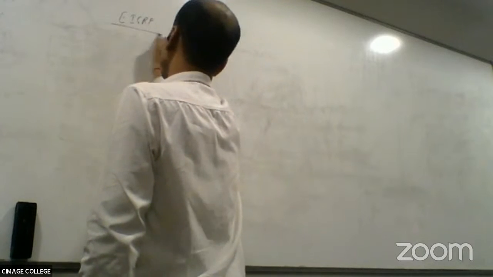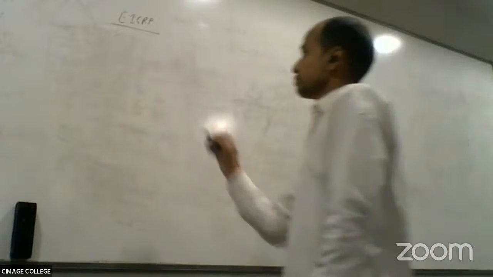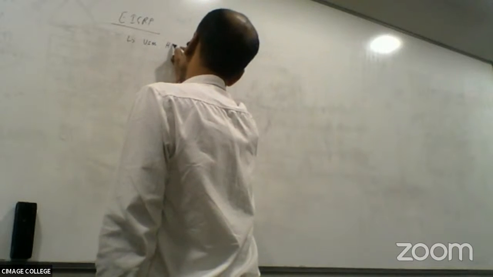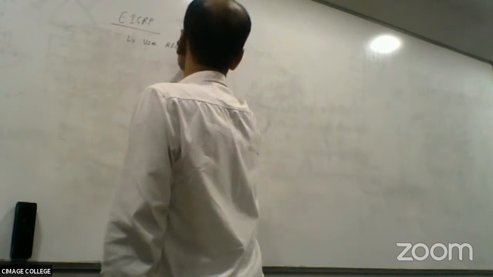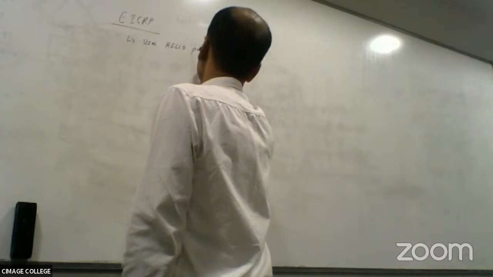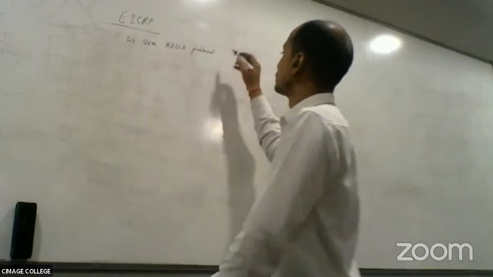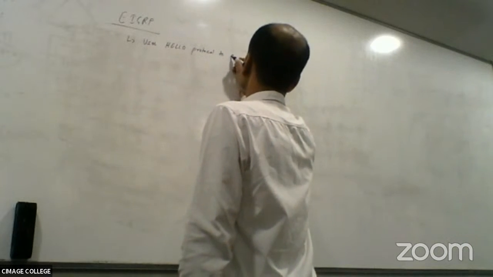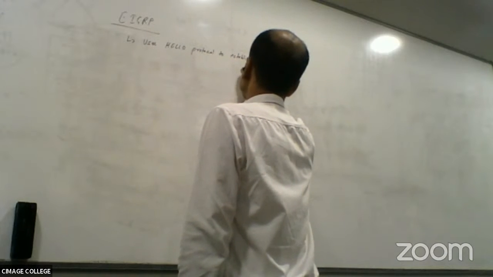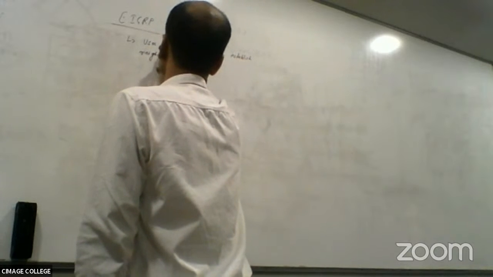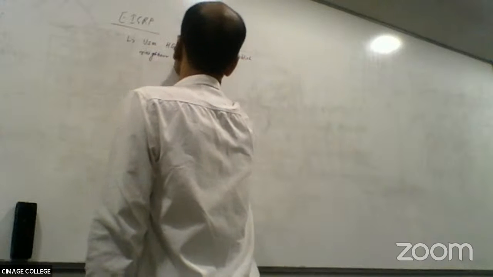EIGRP. Our next point is that it uses the hello protocol to establish a neighbor relationship.